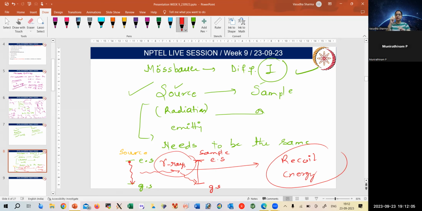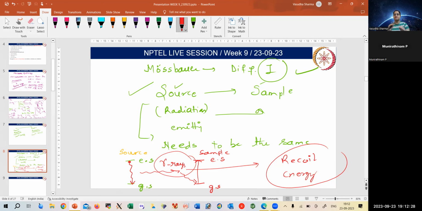That's why when the bullet goes forward, our shoulder goes backward because of the recoil energy. Because of this recoil energy, say X amount is emitted as gamma radiation, but from the X amount which was expected to be absorbed by the sample, some amount is lost as kinetic energy. So what is emitted and what is absorbed do not match.